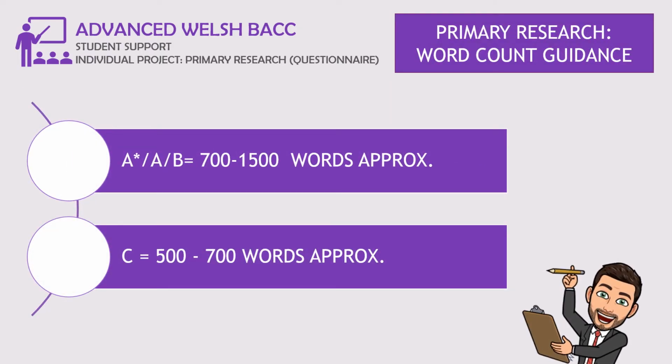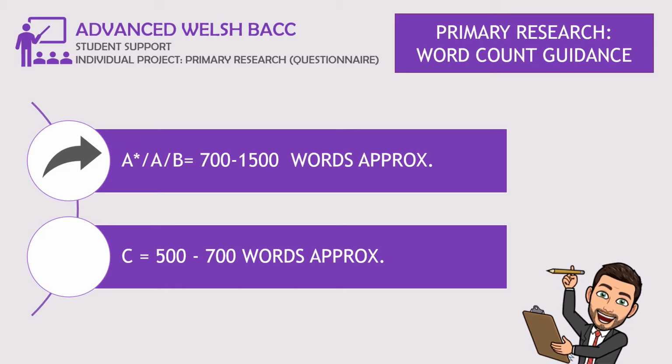Now, the word count, as always, it's only a guide. Just if anyone does hit the 1500 word count, that does not automatically mean you hit A star, A and B. It is always on the quality of your writing, but we do advise that you hit the 1500 words for your primary research.